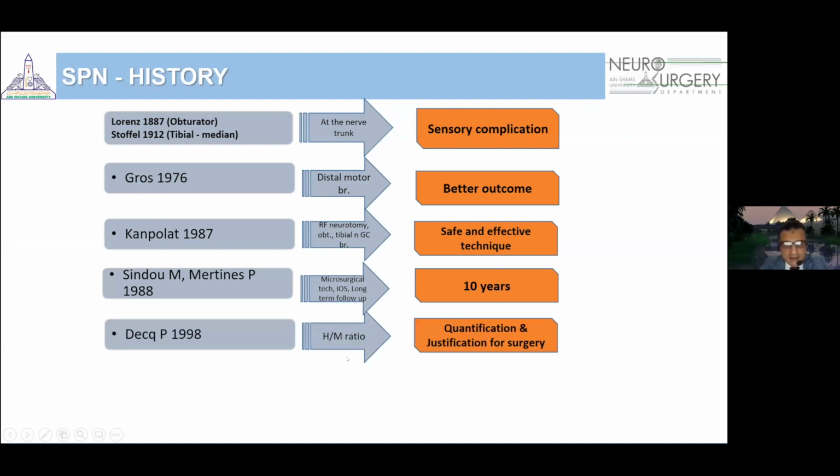The most famous paper, discussing a 10-year follow-up by Mark Sindou in 1988, stated that there is a long-term effect of selective peripheral neurotomy in maintaining muscle function.